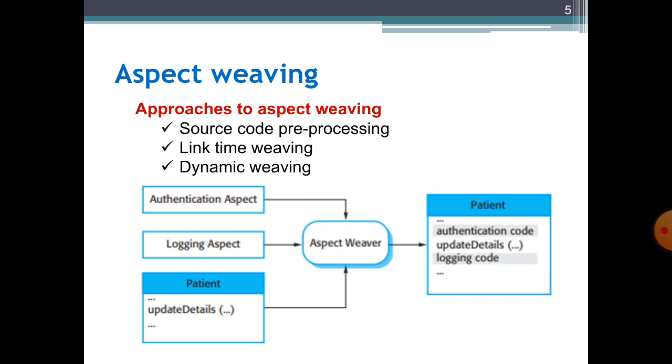Source code pre-processing is now rarely used. So link time weaving and dynamic weaving are the two approaches mostly utilized. Mostly link time weaving is used, because dynamic weaving, though most flexible, has the drawback of performance penalties during program execution. That's why link time weaving is mostly used.